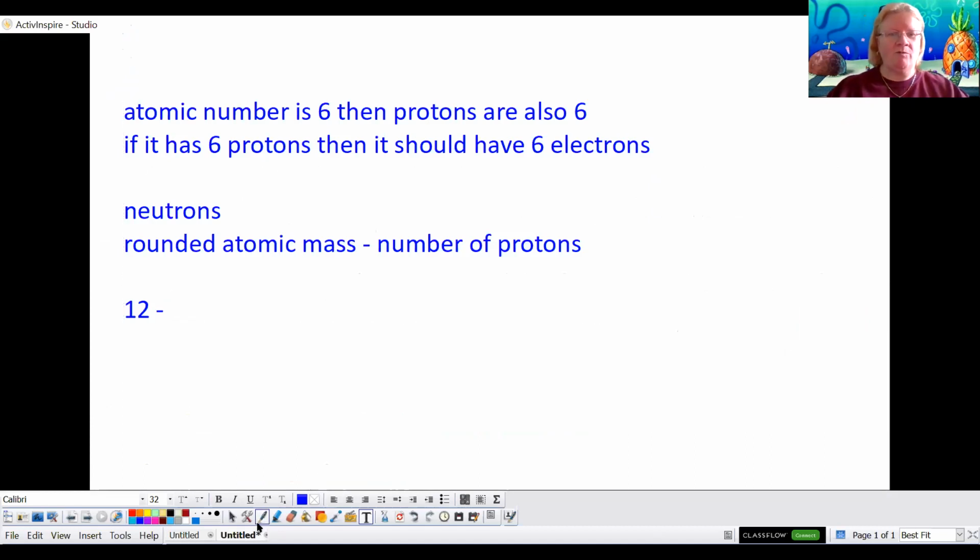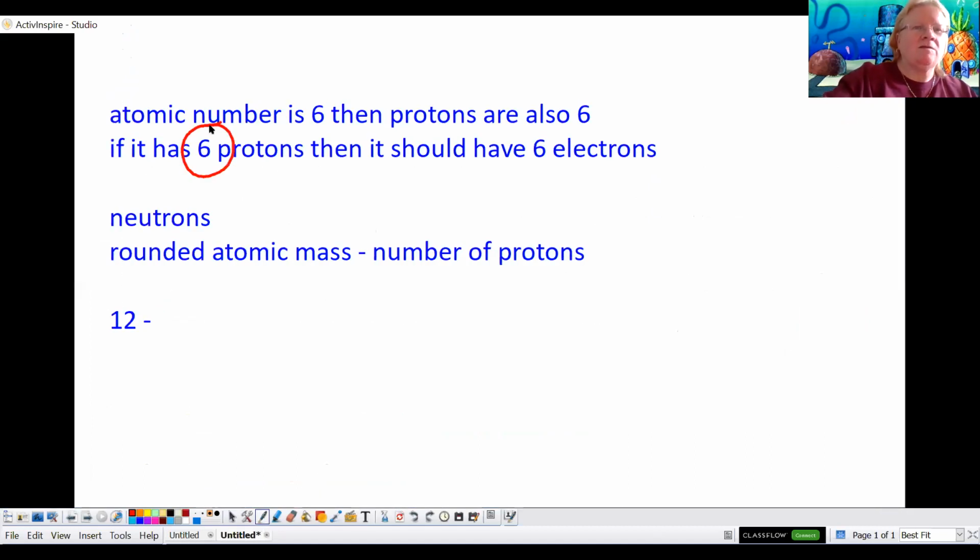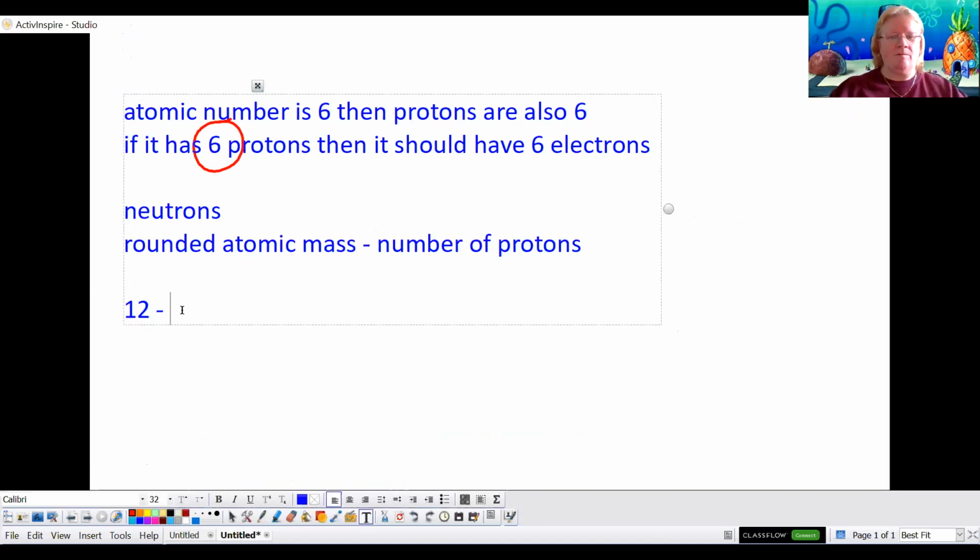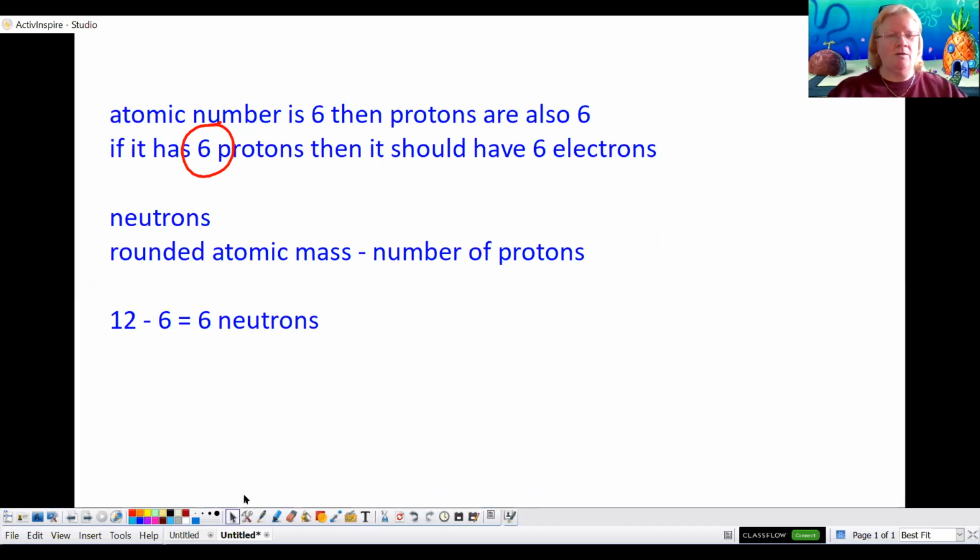And remember the number of protons is 6. And 12 minus 6 equals 6 neutrons. All right, so I know that I have 6 protons, I have 6 electrons, and I have 6 neutrons. And with that information, I can draw my atom. So I'm going to go back to PowerPoint.